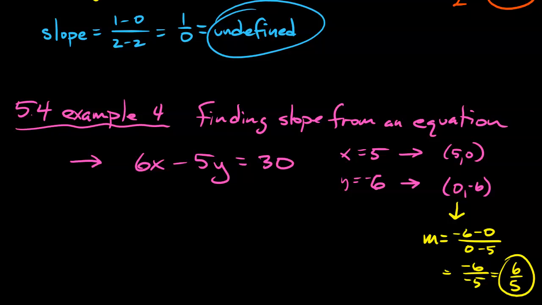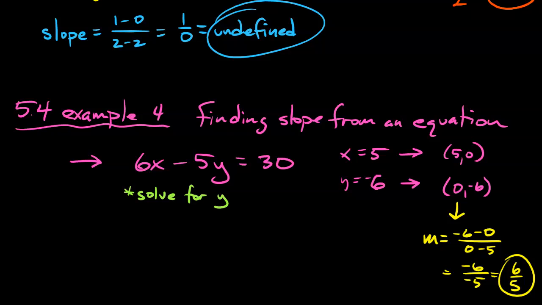So this method certainly is not bad, and I wouldn't be shocked if some of you guys prefer this method. The other method that I was going to show you was only because you're going to learn this method shortly anyway. So the other method is to solve for y.